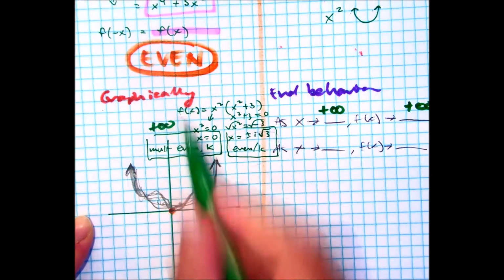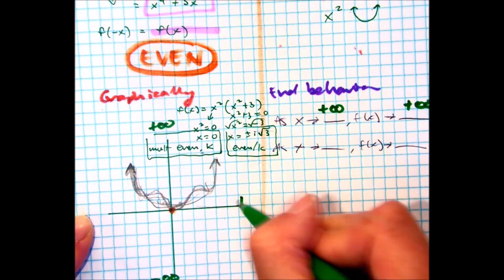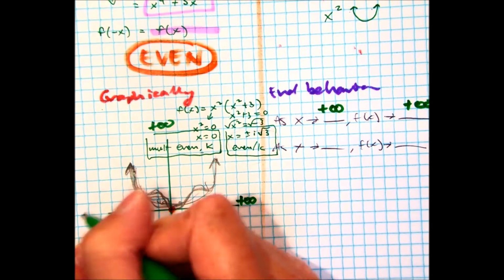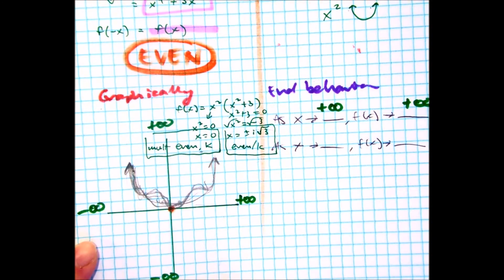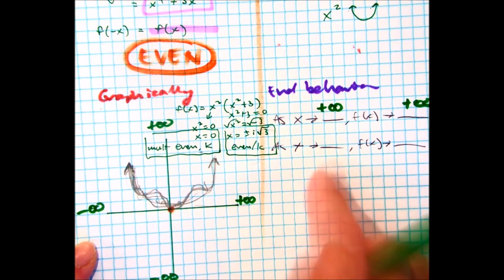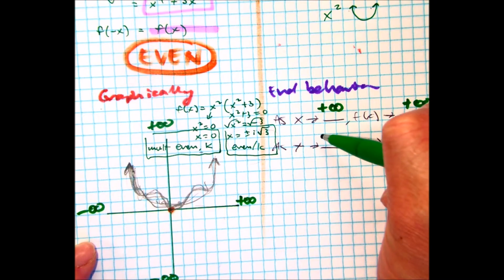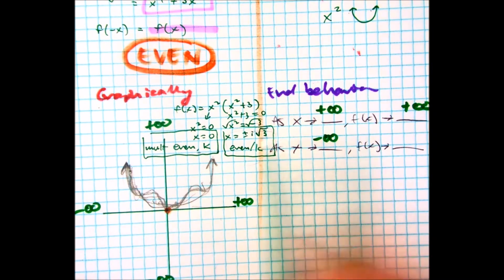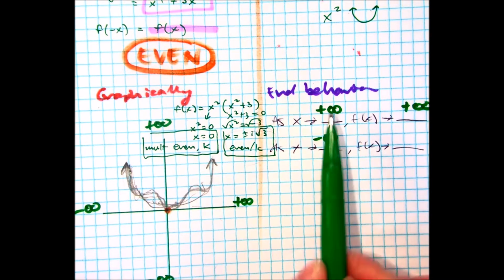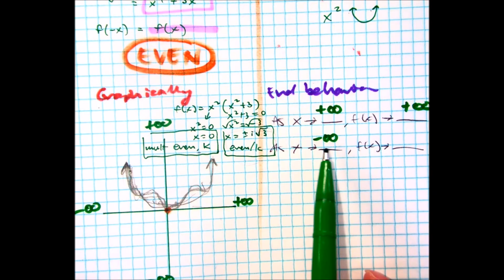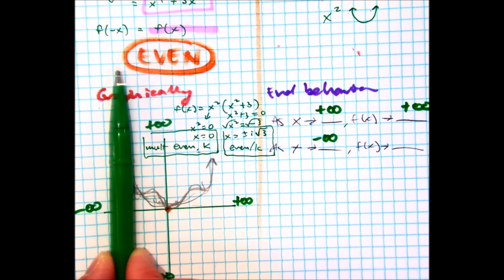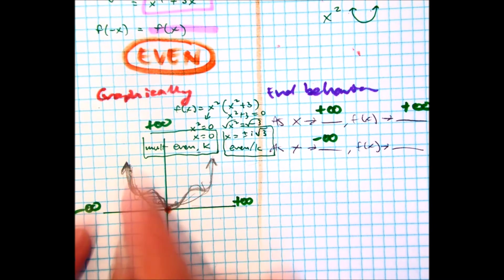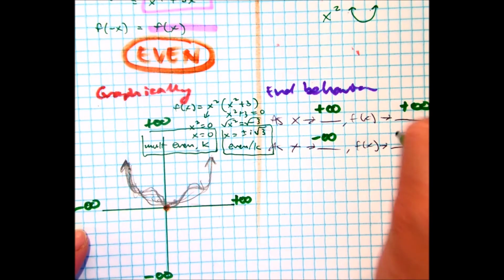Up here is positive numbers, down here is negative numbers. Going towards the right is positive numbers, and then negative numbers. As x approaches, what do you always write here? Negative infinity, so when you're doing the sentence here, you should always be writing one positive, one negative. This is going right to left. Last thing you touch is this arrow. This arrow is going up, so towards positive numbers.